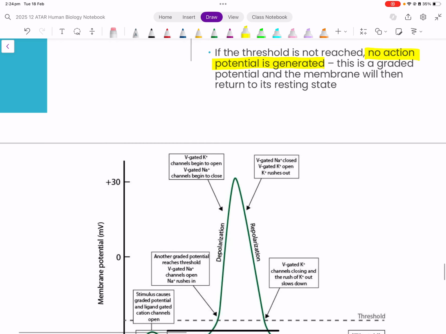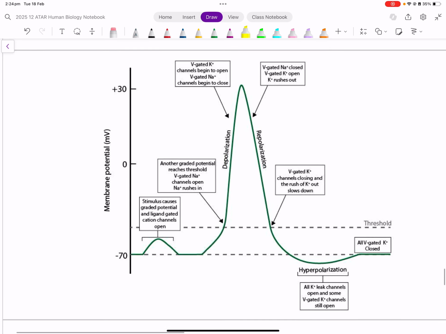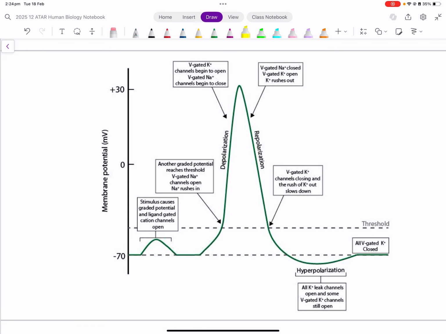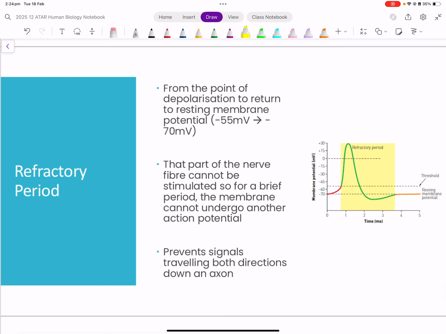So this here is another representation, a good diagram to see this action potential, and it's labelled as we go as well. We've alluded to this previously when we said that we can't undergo another action potential during hyperpolarization, but we can actually extend that period out.